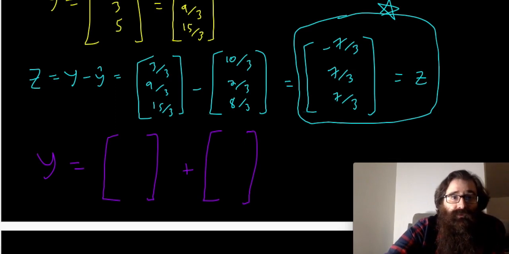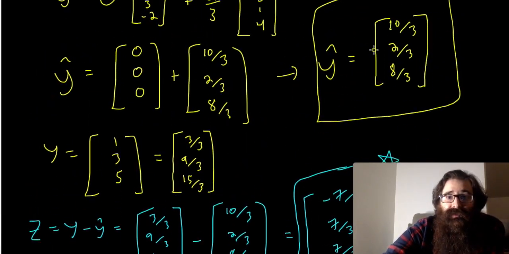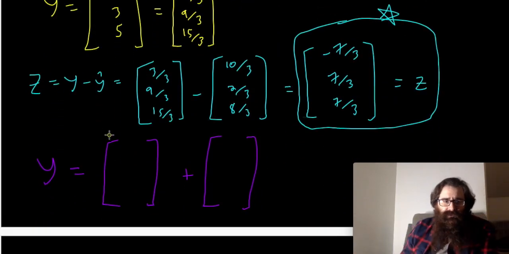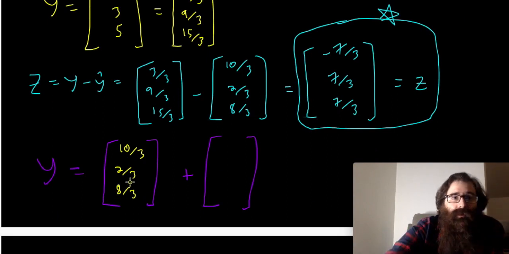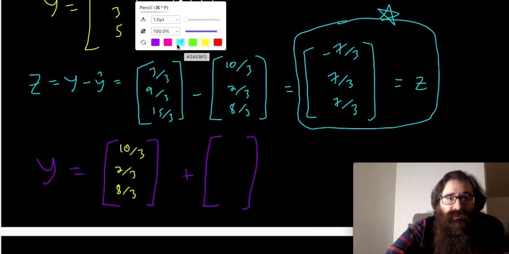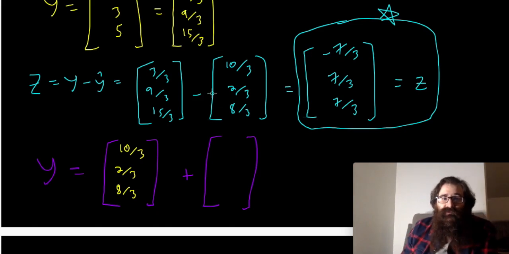Let me color code this. What was the vector y hat? (10/3, 2/3, 8/3). What about vector z? (-7/3, 7/3, 7/3). And if I add these together, it is going to give me vector y back.